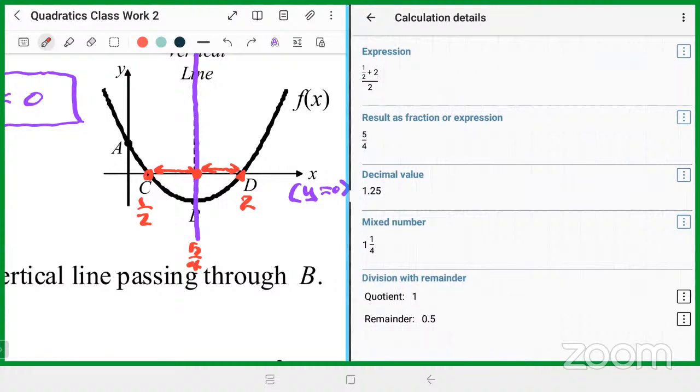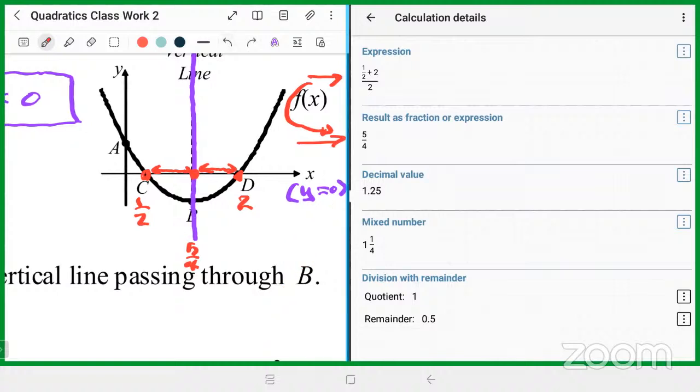As a fraction, it is 5 over 4. So this expression, which is a half plus 2 over 2, is equal to this expression right here, which is 5 over 4. As a decimal, it will be 1.25. All right? So that is that.